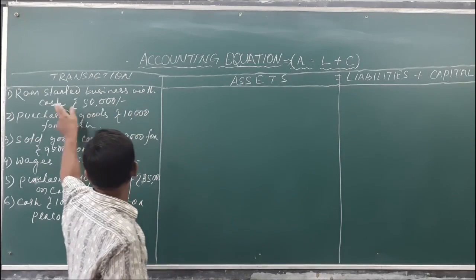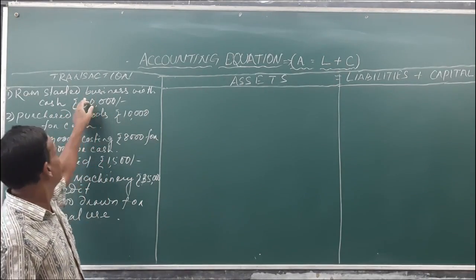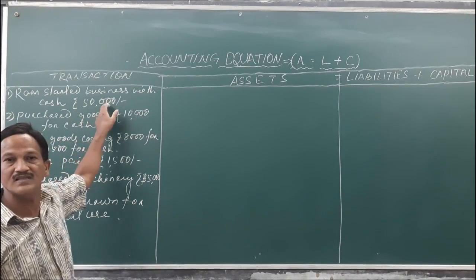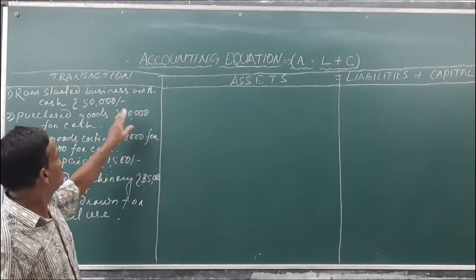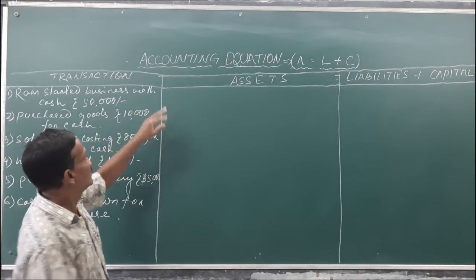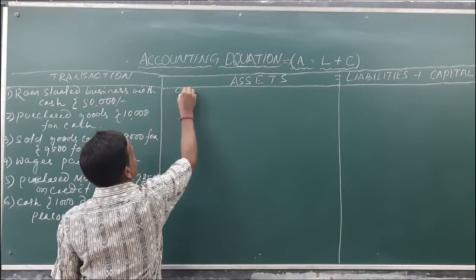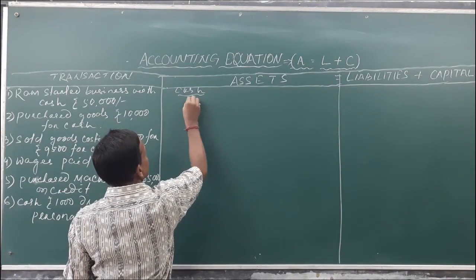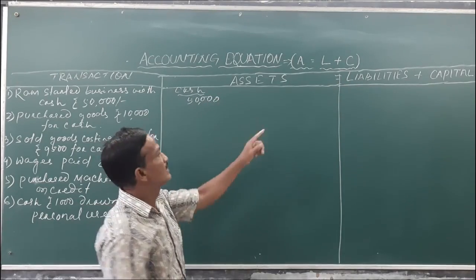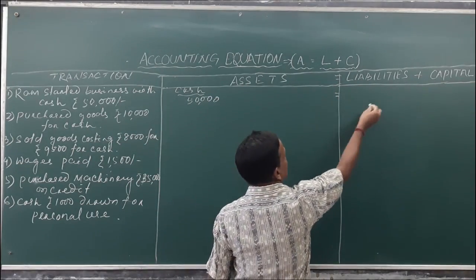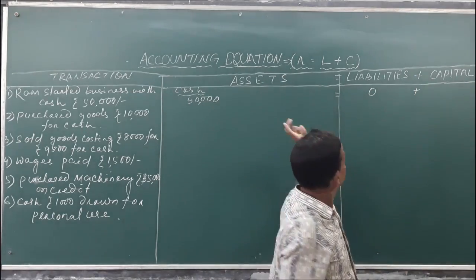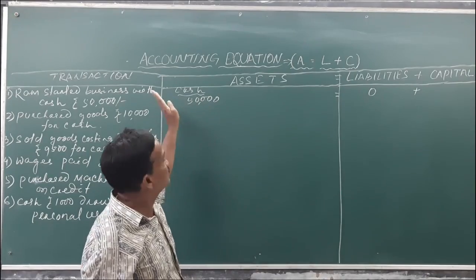The first transaction: Ram started business with cash of rupees 50,000. Here cash is an asset, so we write in assets: cash 50,000, which equals liabilities 0 plus capital.